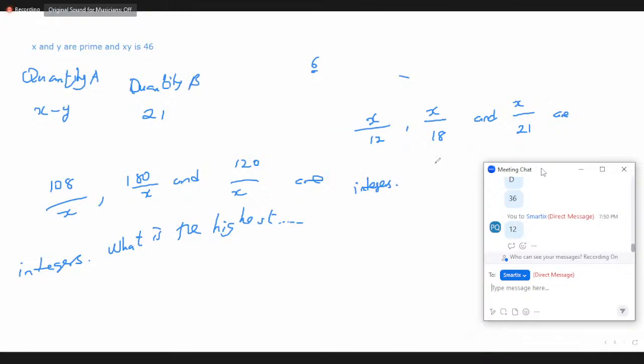What is the least possible value of x? Mr. Bright, you have shocked me.